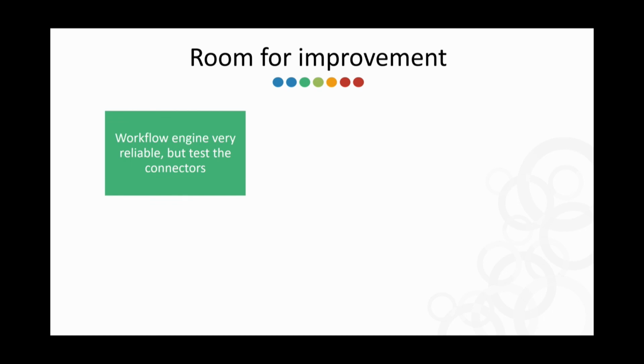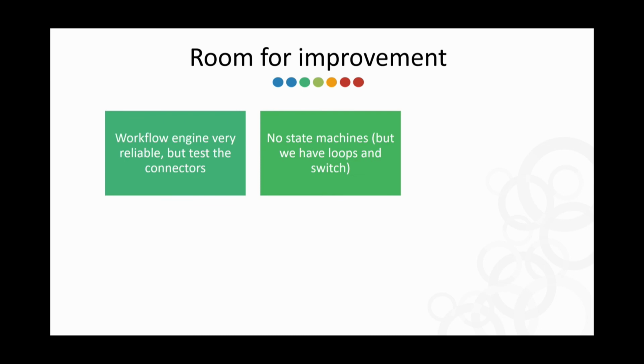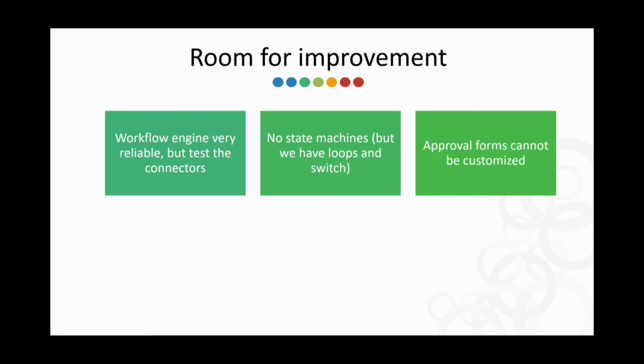Okay? So don't say Flow is a tool. It's not a tool, it's something amazing behind. But the connectors could be problematic. You don't have state machine, but we have a pattern for achieving state machine. Approval forms cannot be customized so far, but they are working on it. I don't know when this will ship.